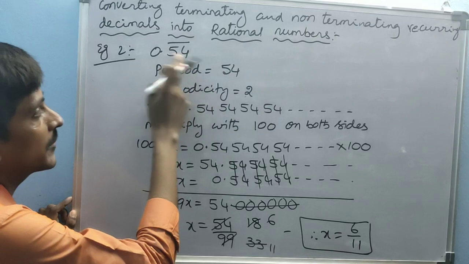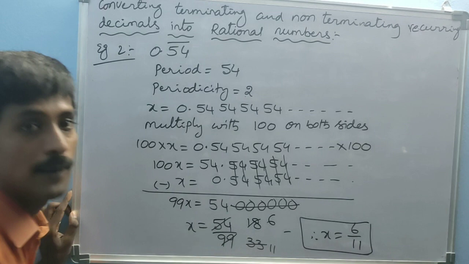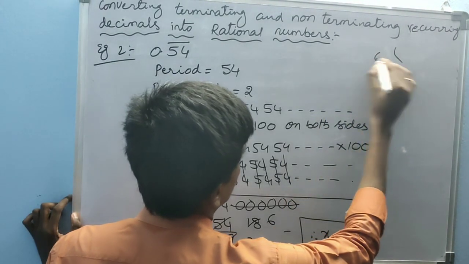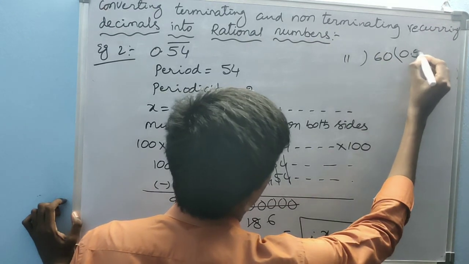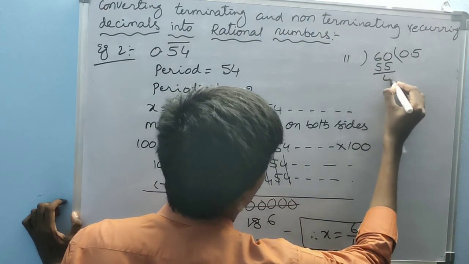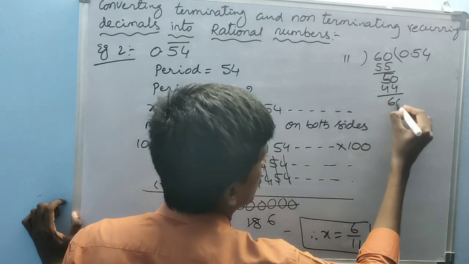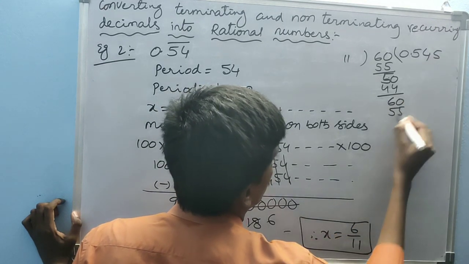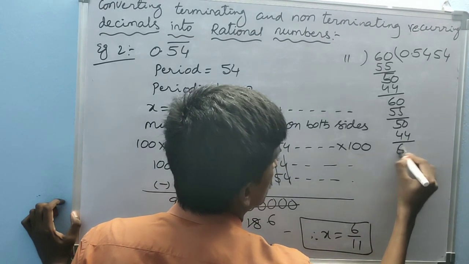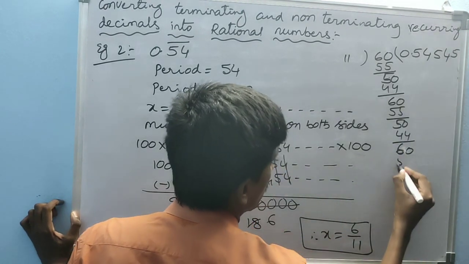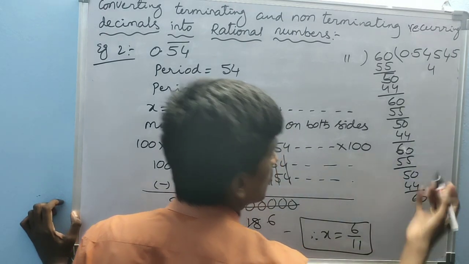So, a non-terminating repeating decimal is converted into fraction form, that is a rational number. Once we check 6 by 11: 0.0, 11 how many times? 5 times, 55, remainder 50. 4 times 44, remainder 60. 5 times 55, remainder 50. 4 times 44, remainder 60, and so on.